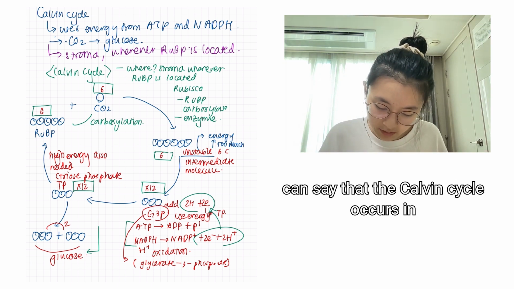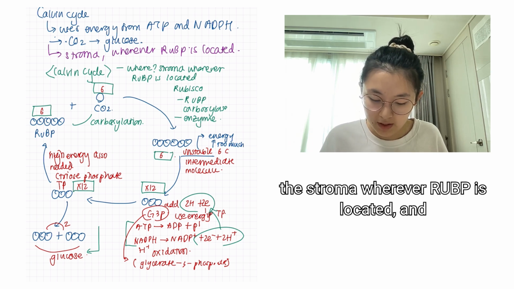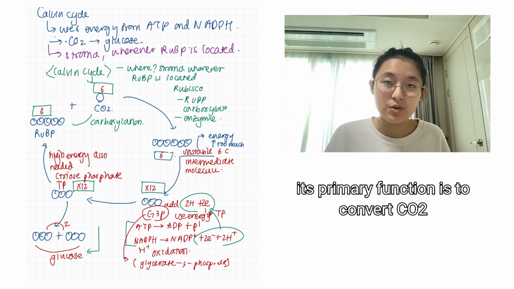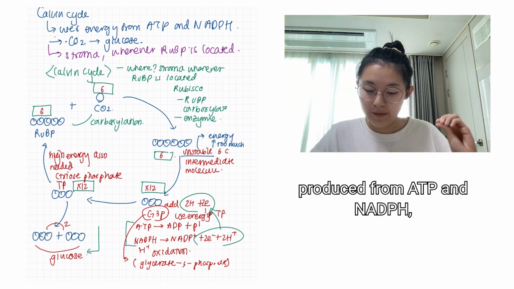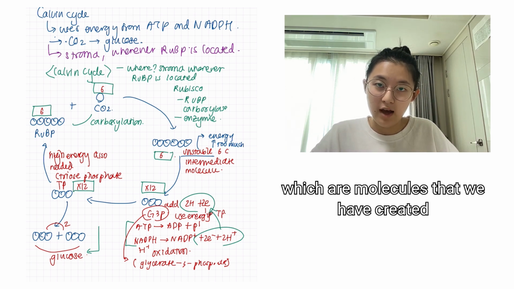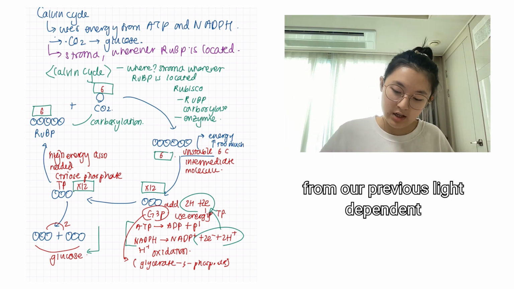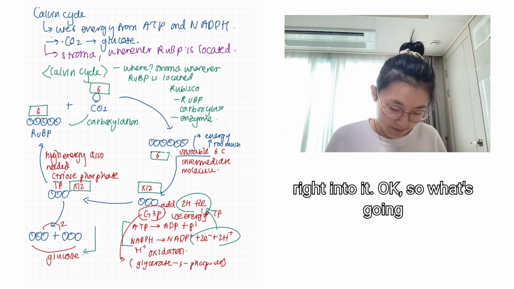So we can say that the Calvin cycle occurs in the stroma, wherever RuBP is located, and its primary function is to convert CO2 into glucose by using energy that's produced from ATP and NADPH, which are molecules that we have created from our previous light-dependent reaction of photosynthesis. So let's get right into it.